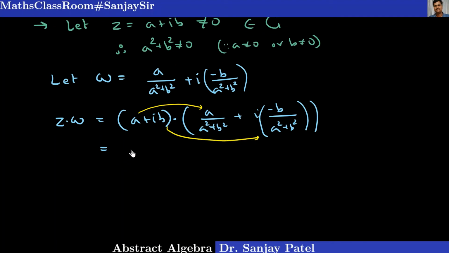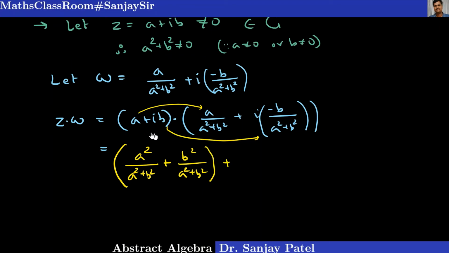So what you will get is the first real part, a square upon a square plus b square, and b into minus b. Just a minute. What happens? AC minus BD. Yes. So minus becomes plus. So b square upon a square plus b square. This is the first component, that is the real part.